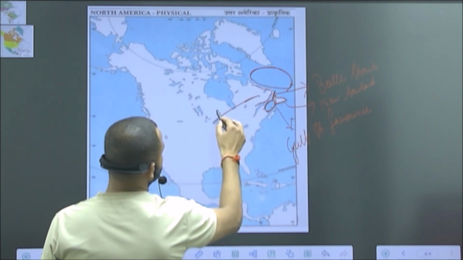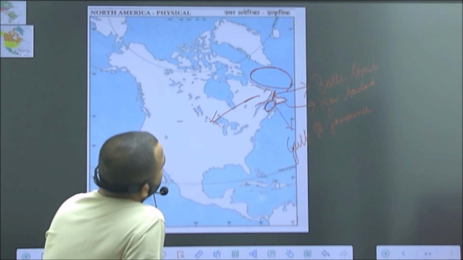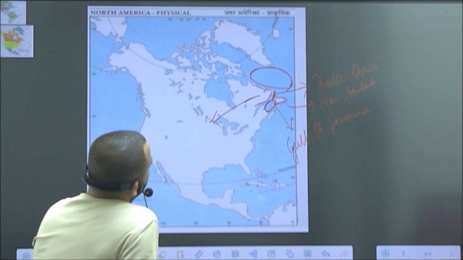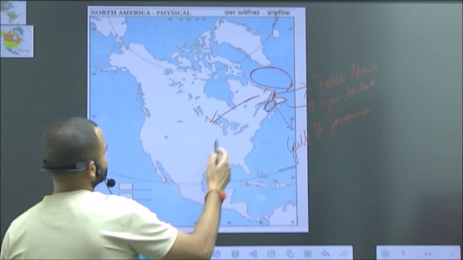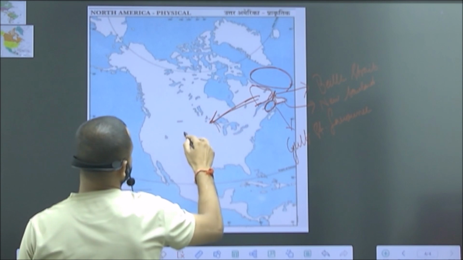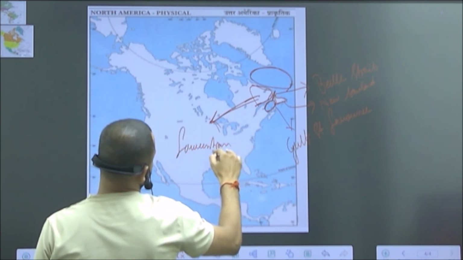In this region we can say Belle Isle Strait joins Labrador Sea to Gulf of St. Lawrence and isolates Newfoundland from Laurentian Highland.